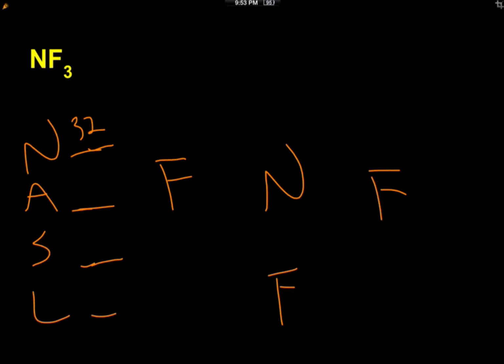Nitrogen contributes 5. So that's 26 total valence electrons, which means the difference between 32 and 26 is 6. So we're going to have to share 6 electrons and make 3 bonds. And then we have 20 electrons left over.